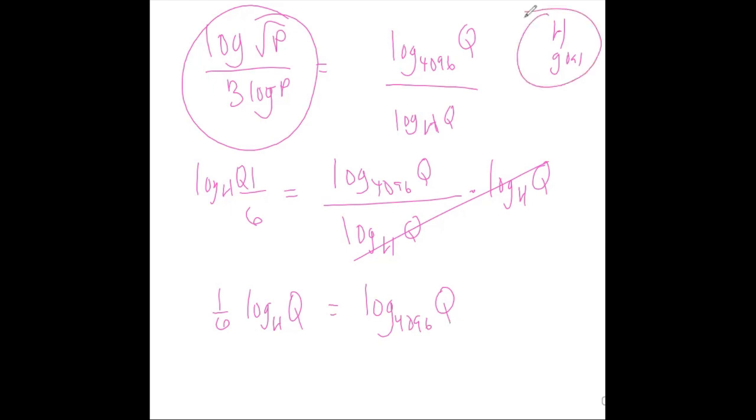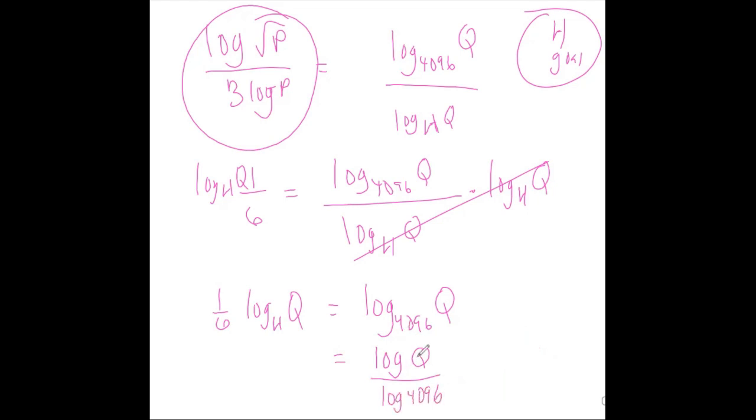Now, from here, how about we use a fact? Check out this fact. If you play around with your calculator, 4096 is 4 to the power of 6. That is a fact. What if we look at the right-hand side and rewrite it as log q over log 4096? That's allowed, right?